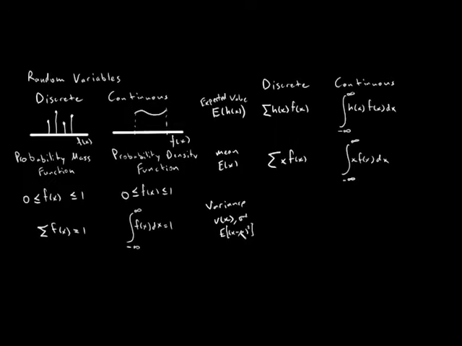So we just plug this into this formula, and we get x minus mu squared times f of x for all x, and for the continuous we would get x minus mu squared f of x dx, integrated from negative infinity to infinity.